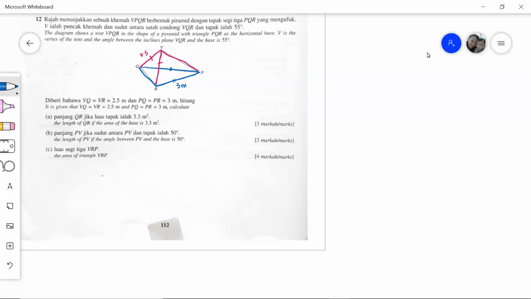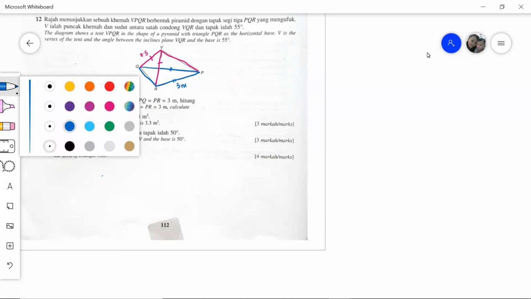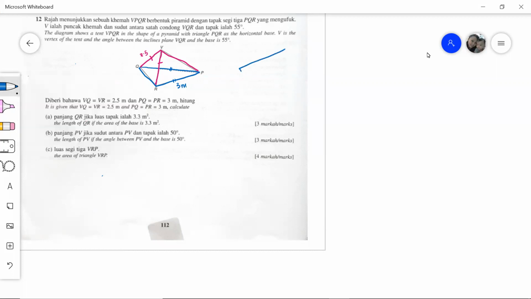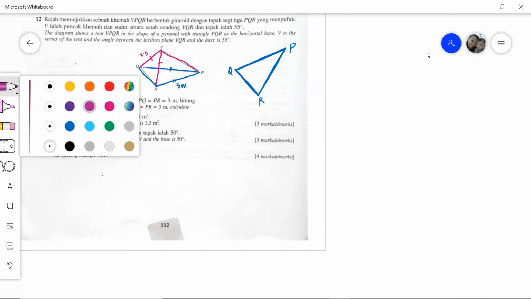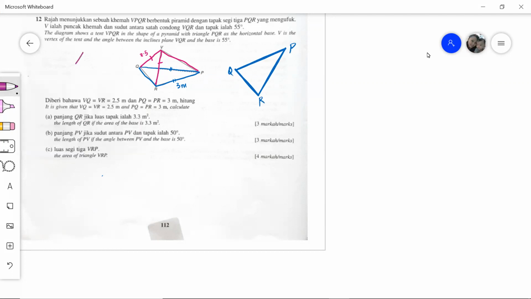So over here we have two isosceles triangles. One is PQR, another one is VQR, whereby it's 2.5 and 2.5 here.